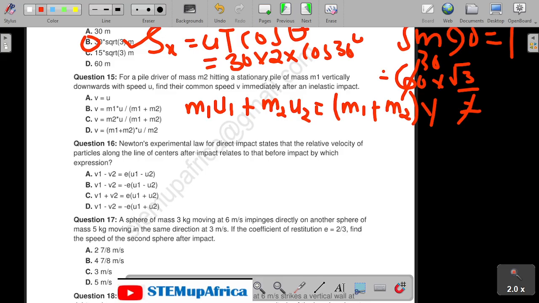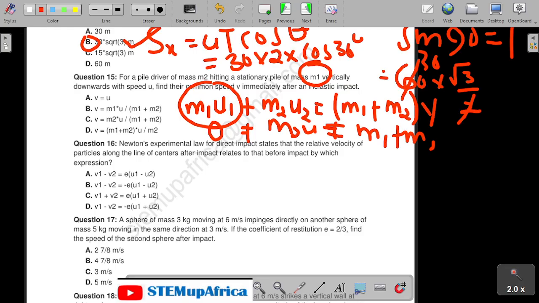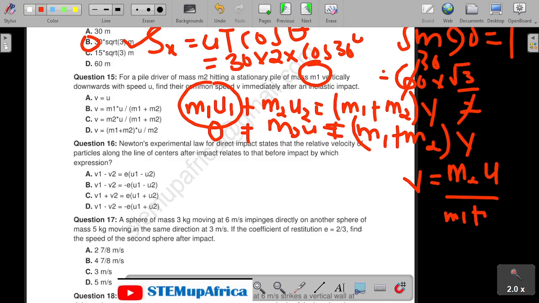But hitting a stationary mass, this is now 0. My m1u1 is 0 because it's stationary, no velocity is involved. So here will give me m2u equals m1 plus m2 bracket v. So my v is now m2u over m1 plus m2, which is option C.